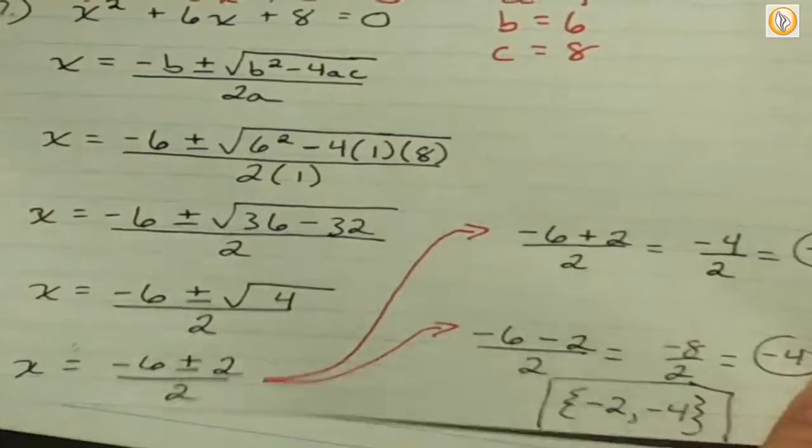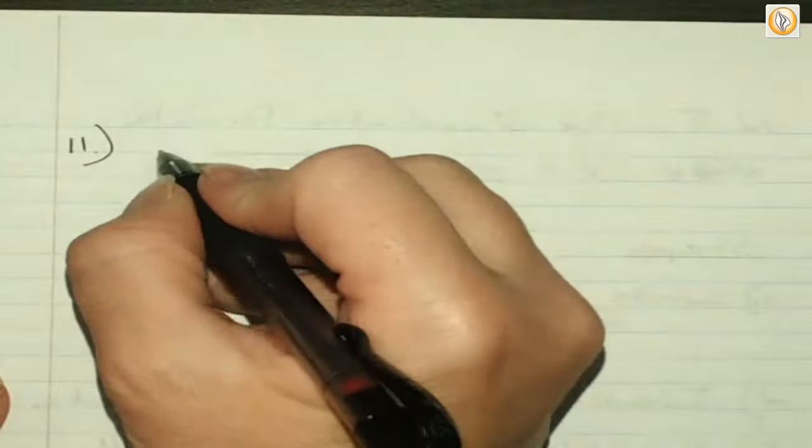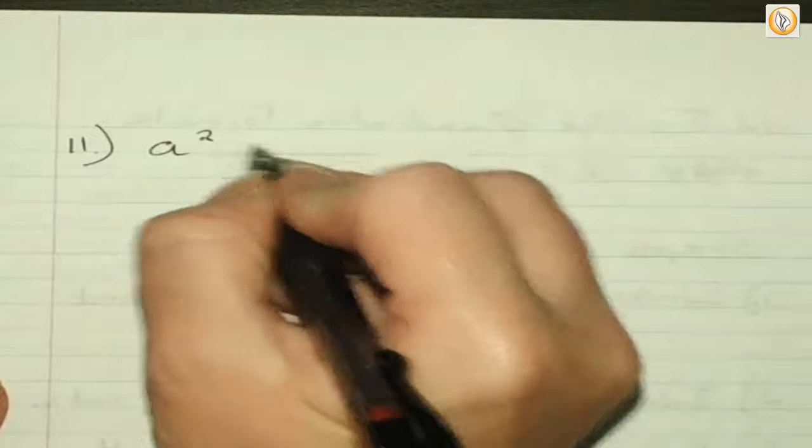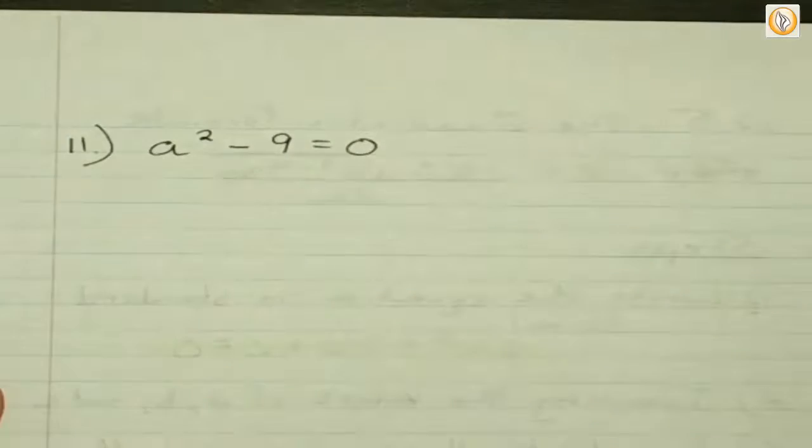Any questions? All right, 11. a squared minus 9 equals 0.